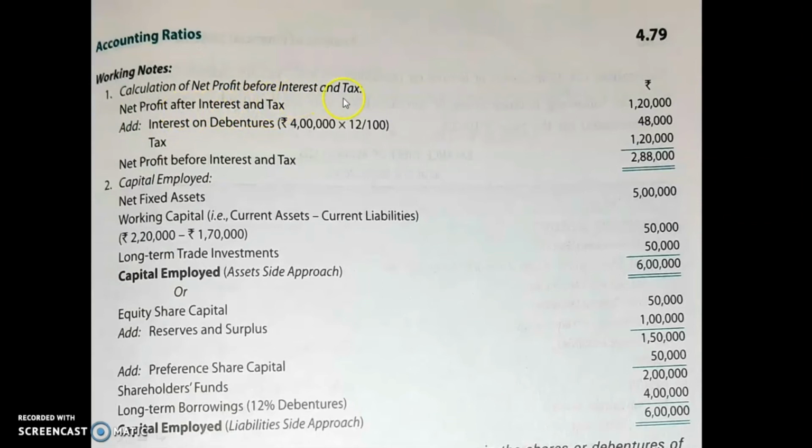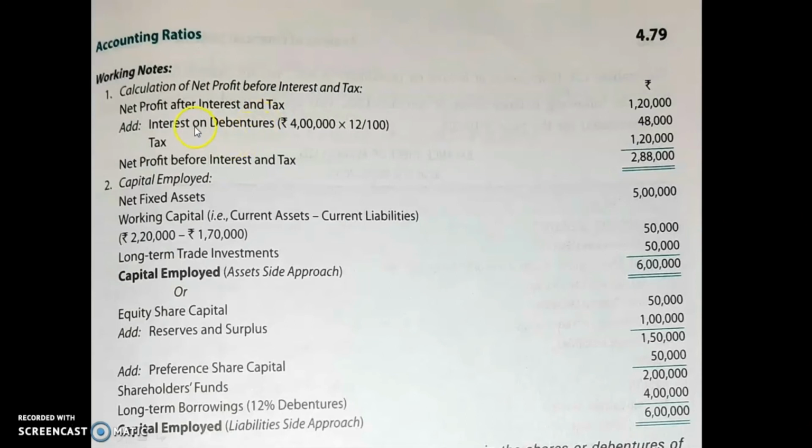That is given to you in the question, 1,20,000. So net profit after interest means what? When you calculated net profit, you subtracted the interest and you subtracted the tax.